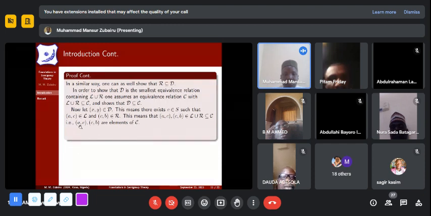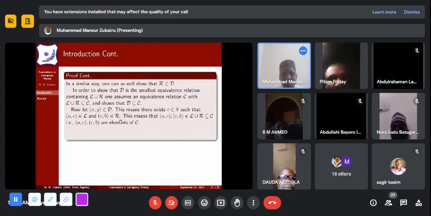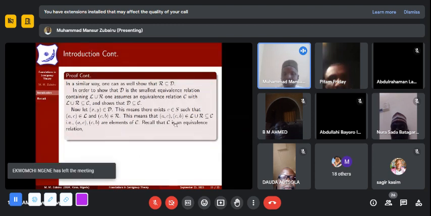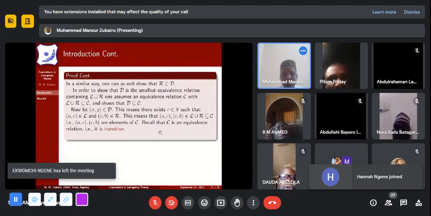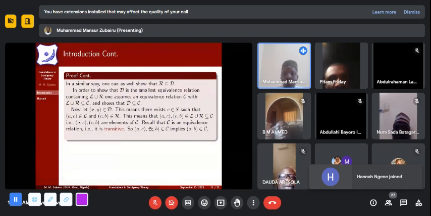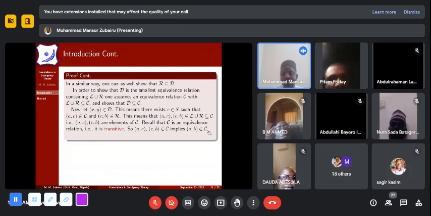So whenever you have A comma C and C comma B in C, C being an equivalence relation, it is transitive, then it means A comma B will be in C. So A comma C, C comma B in C implies A comma B is in C.